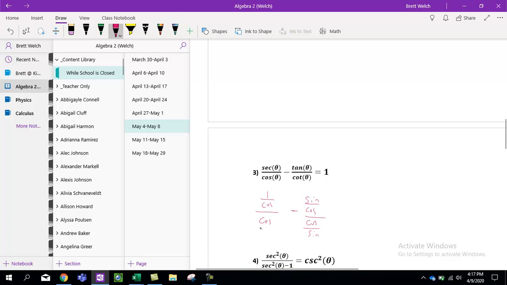We have a fraction over fraction, so we are going to flip and multiply. So right here, I'm going to multiply by 1 over cosine, because that's the flipped version of this. And here I'm going to multiply by sine over cosine, because that's the reciprocal of this. In the first fraction, I'm going to have 1 over cosine squared minus sine squared over cosine squared.